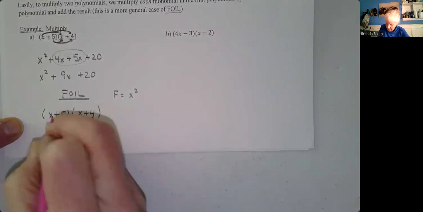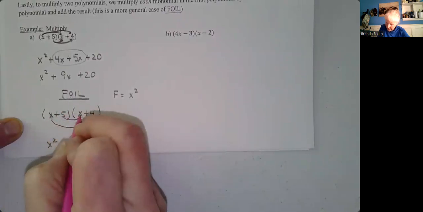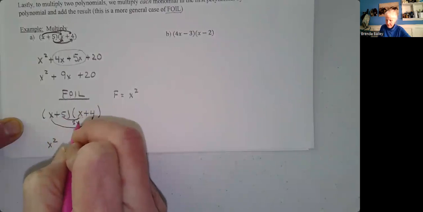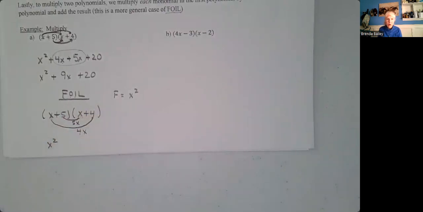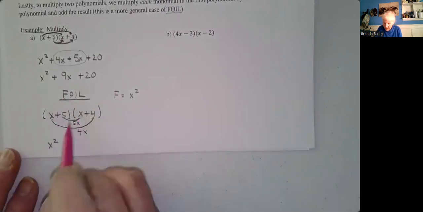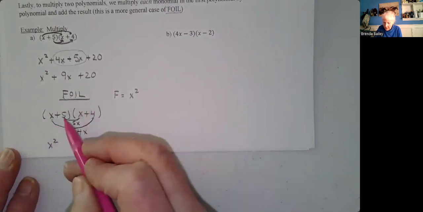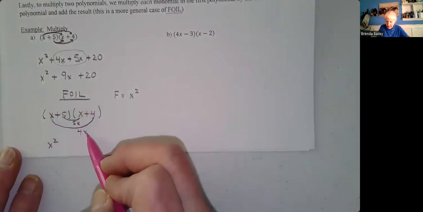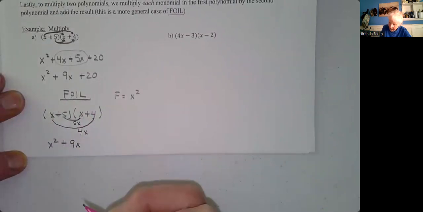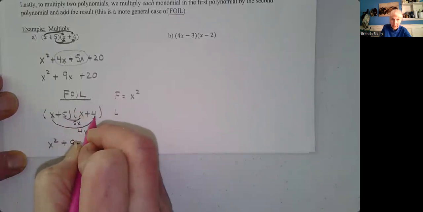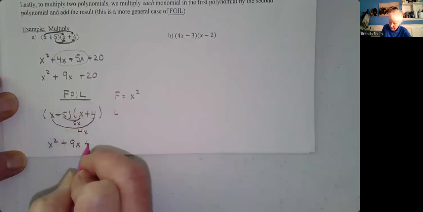The inside is 5x. You multiply those, and you always add them together, the O and the I, the outside and the inside. So we took the first times the first, and now we do the outside and the inside. That gives us 9x when you combine those. And then the L is the last in this parentheses times the last in this parentheses, which was 20.